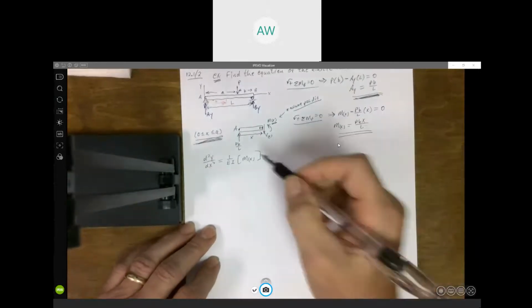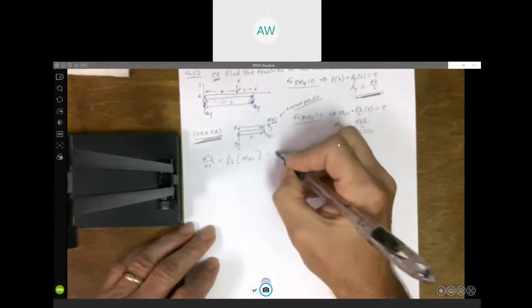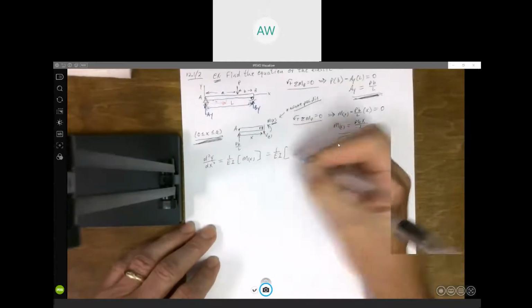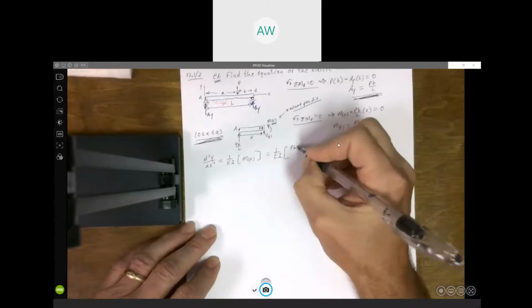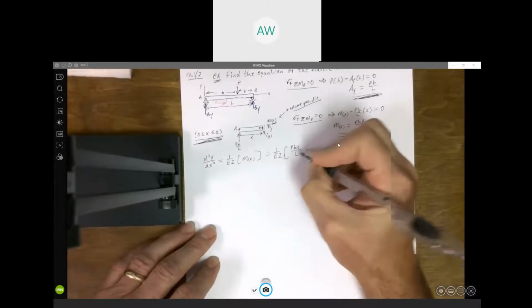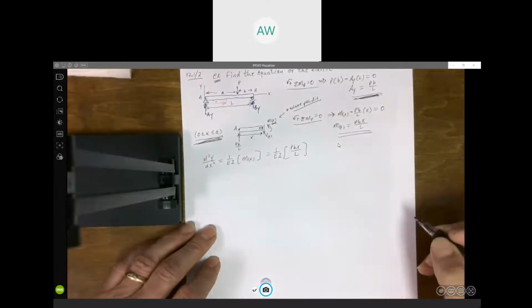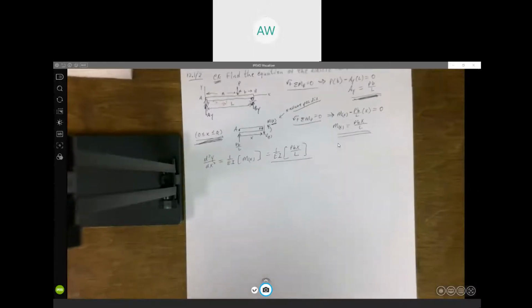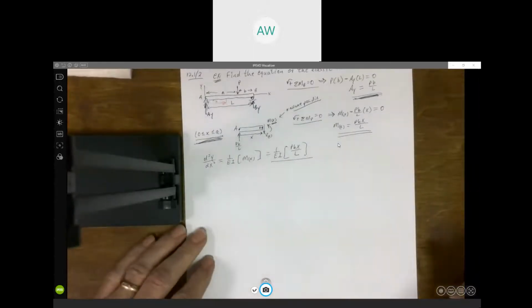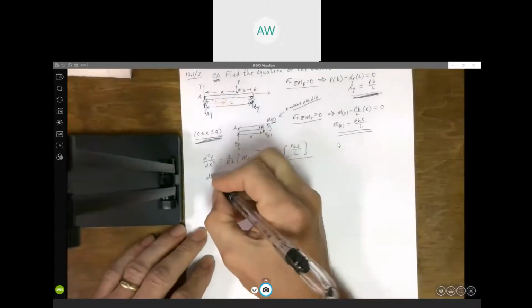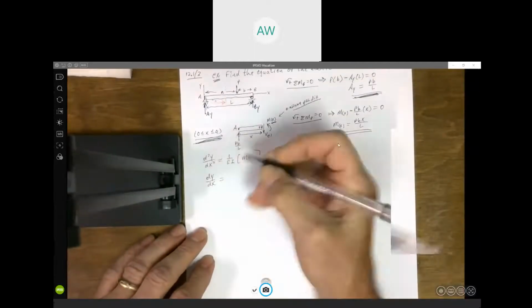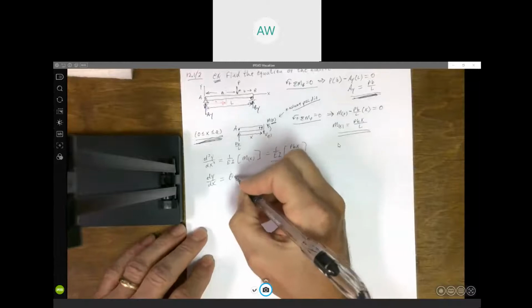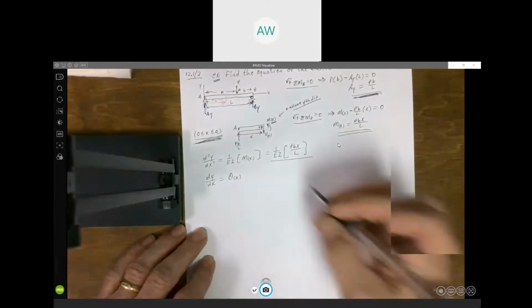So this is where we plug in that moment equation: 1 over EI times Pbx over L. And that's what we solve by integrating. We have to integrate twice, hence the name double integration. So we integrate once, and we'll get dy/dx, or if you prefer, theta of x.